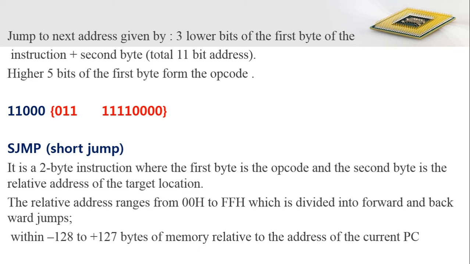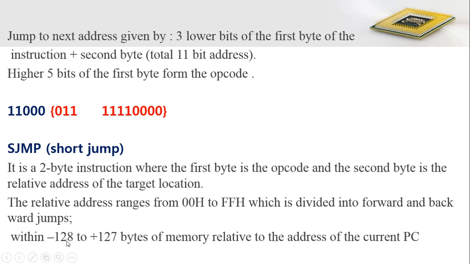That means from the current location, it can jump within a 64 KB memory, or within a 2 KB memory, or, in the case of SJMP, within 256 bytes of memory. The relative address ranges from 00 to FFH, which is divided into forward and backward jumps.